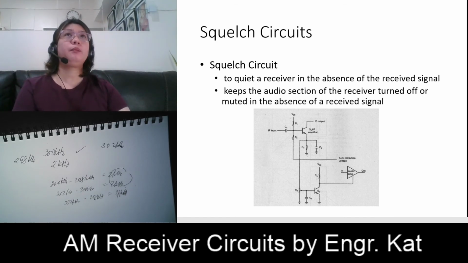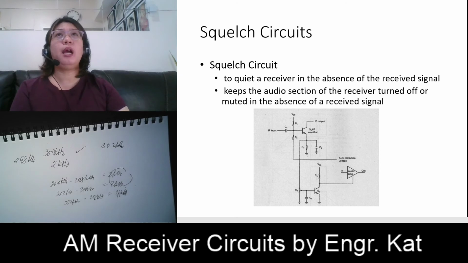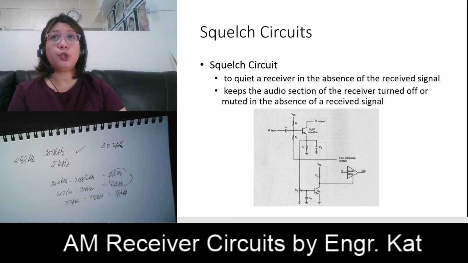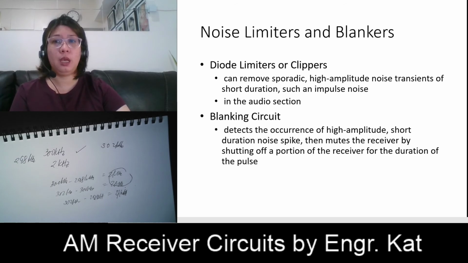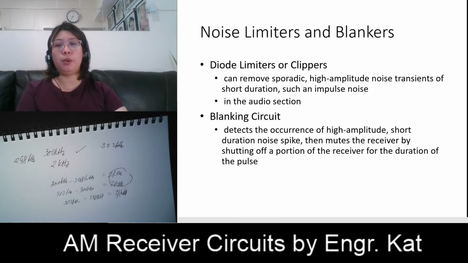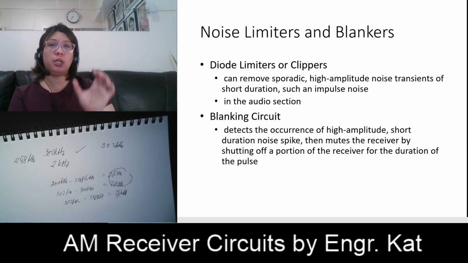Another type of circuit that may be seen in your AM receiver is the noise limiters and blankers. Noise pulses are generally large amplitude, short duration signals.